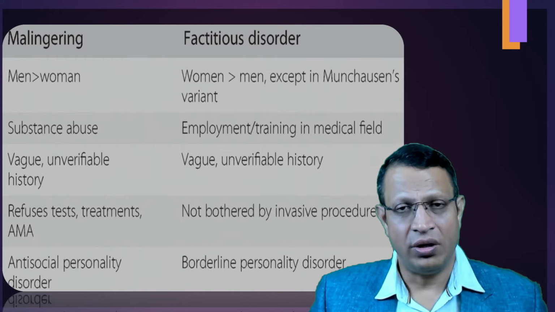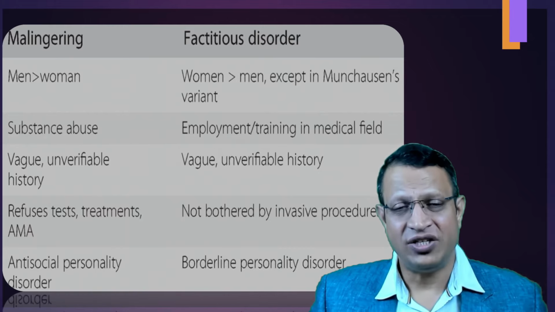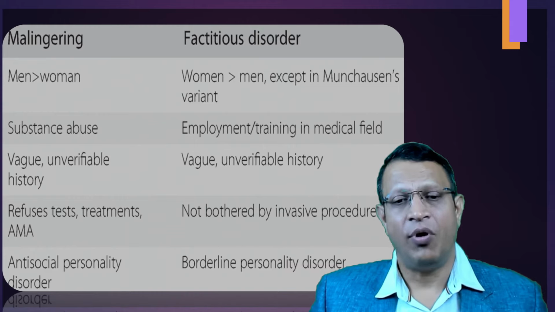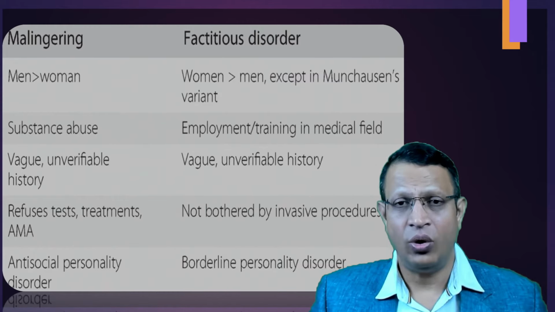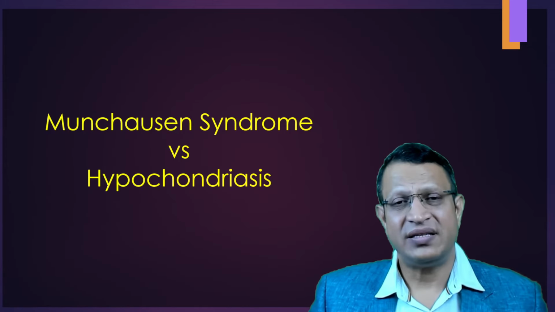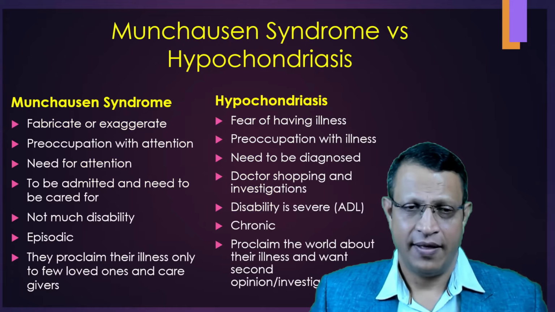Whereas in factitious disorder, the symptoms are vague. Invariably, they produce the symptoms to gain attention and seek sympathy from others. The comorbidity, borderline personality disorder, is well known, and they seek invasive diagnostic procedures so that they get sympathy from healthcare providers.